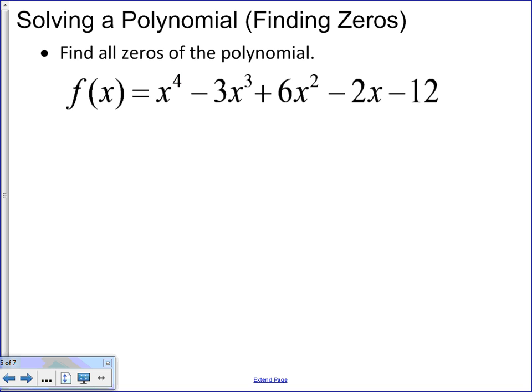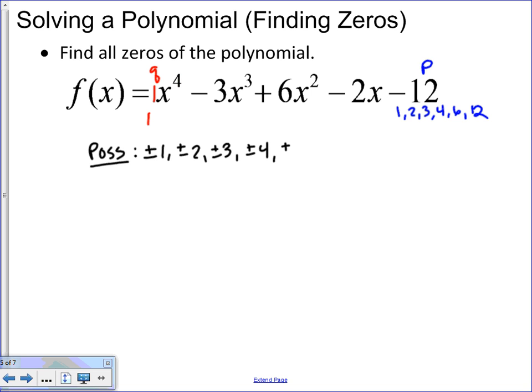As I'm walking around, I see most people coming up with the correct list of possible solutions. You should have 6 positive and 6 negative possible solutions for a total of 12 possible.